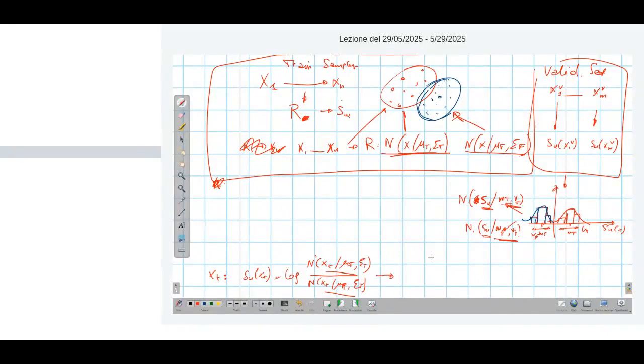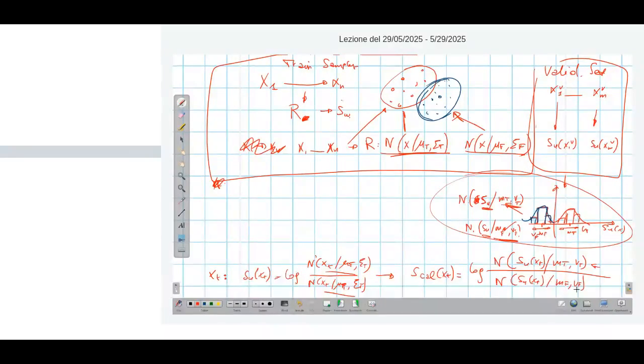So from here, once we have estimated this, we compute for our test sample the calibrated score as what? The logarithm of the ratio of the likelihood of the uncalibrated score under the distribution that describes the uncalibrated scores for the true class and the distribution that describes the uncalibrated scores for the second class.